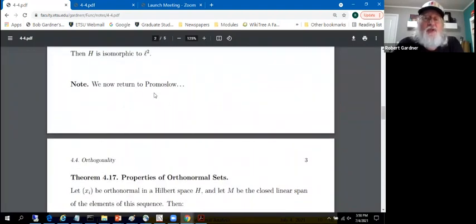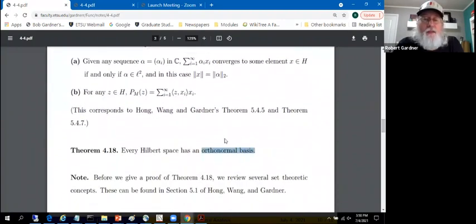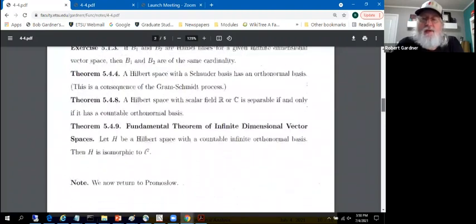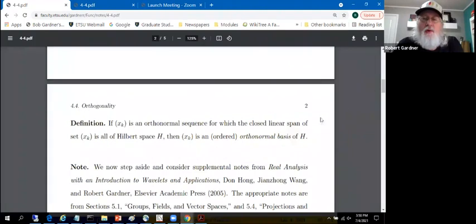Yeah, we return to Promislow's terminology on this. We're using the idea of an orthonormal basis as stated in Promislow, where we're taking finite linear combinations.